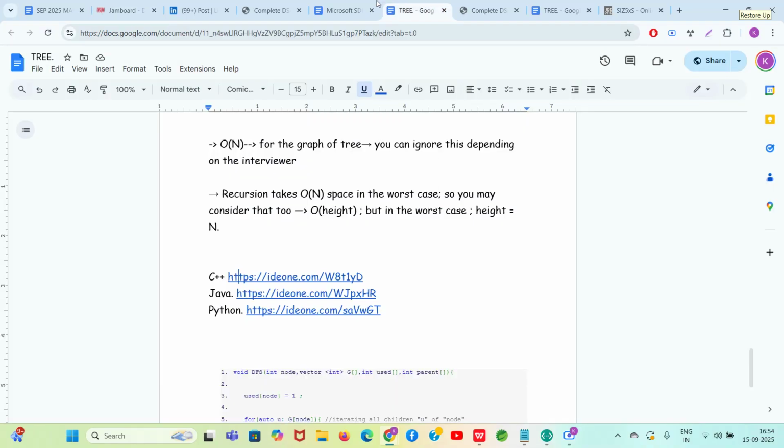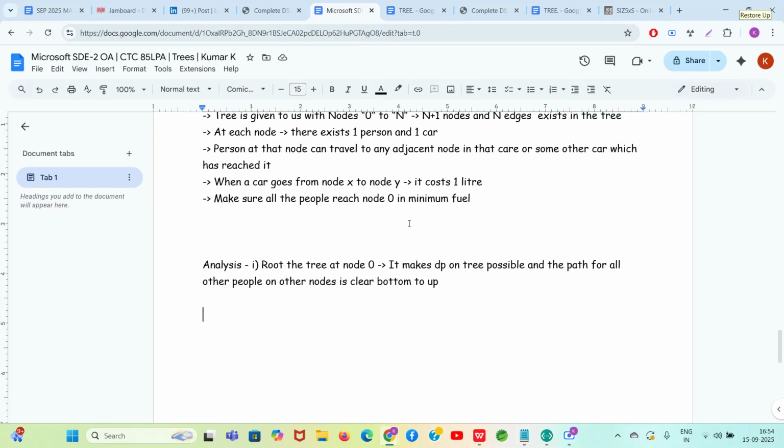So what you should do is the general logic in this whole simulation: just try to focus on each edge. Just try to focus on the total liters being spent on each edge in the optimal case.